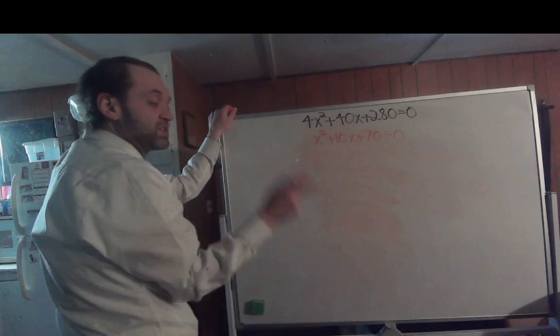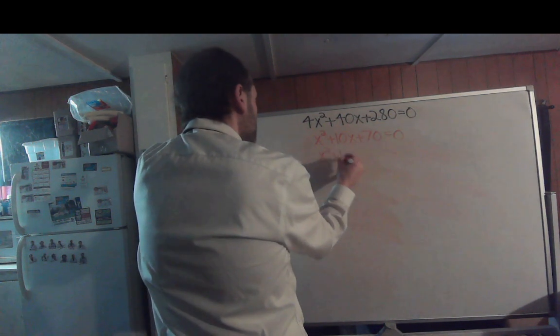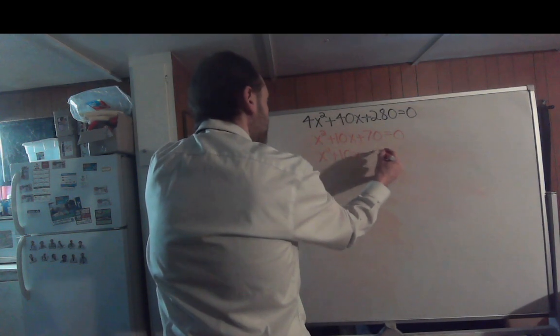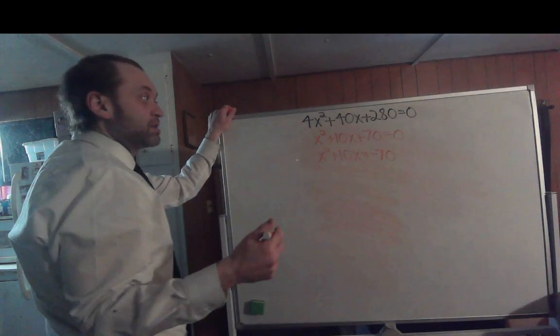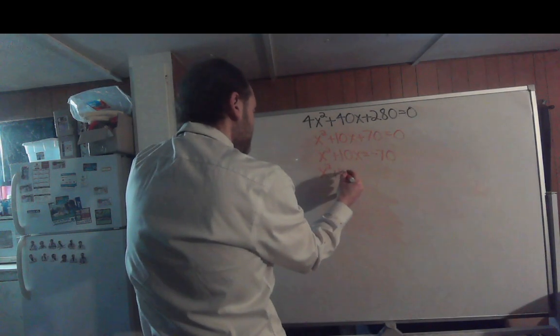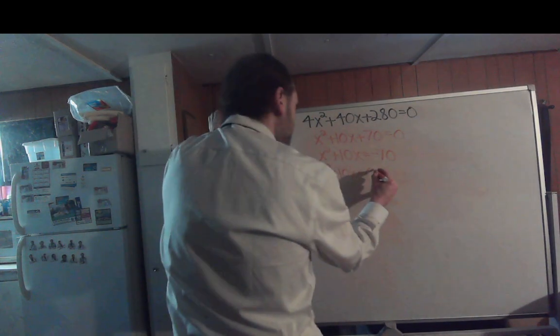Now get rid of the 70 out of the left-hand side. This would turn into x squared plus 10x would equal negative 70. Alright, so now we can complete the square. This will be x squared plus 10x plus what is half of 10? That's 5.